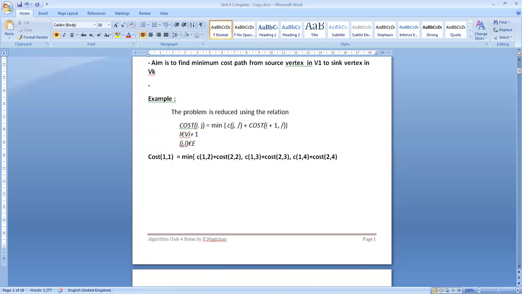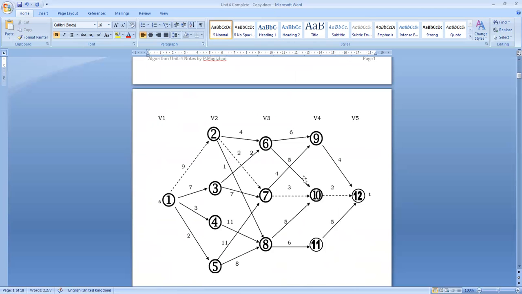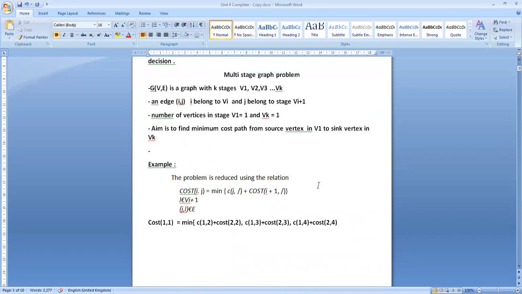Then one more vertex is there, C of 1 comma 5 plus cost of 2 comma 5.